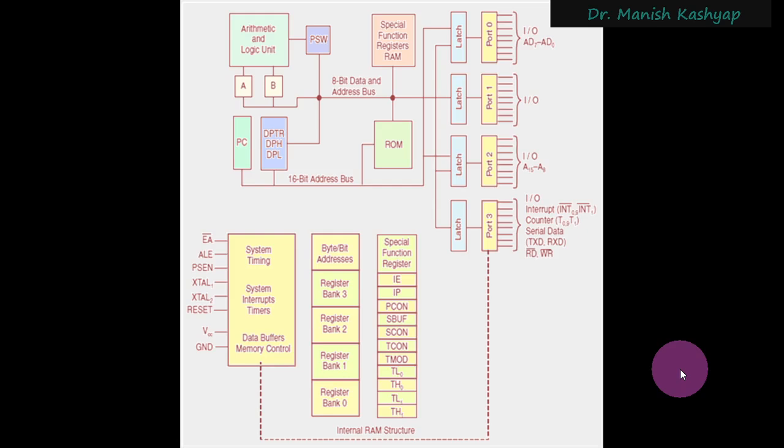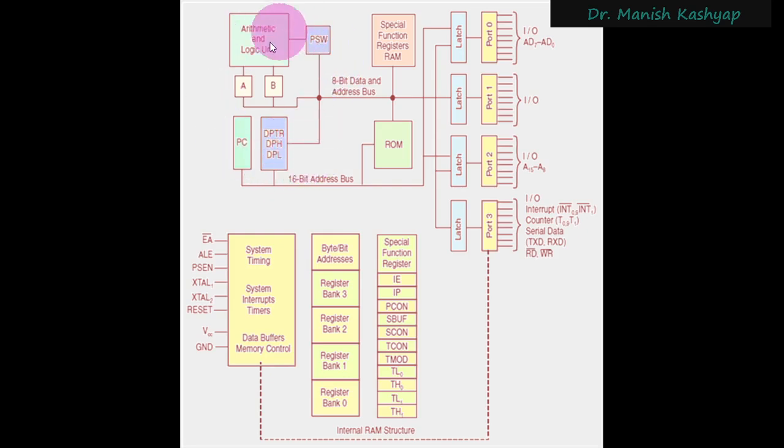Now, this is another picture of the same architecture, a little more elaborate. You can see there is the arithmetic and logic unit, and the accumulator register and B register. Program status word is also there, then the program counter, then your DPTR, which is the data pointer. It has its higher order byte, DPH, and DPL is the lower order byte.